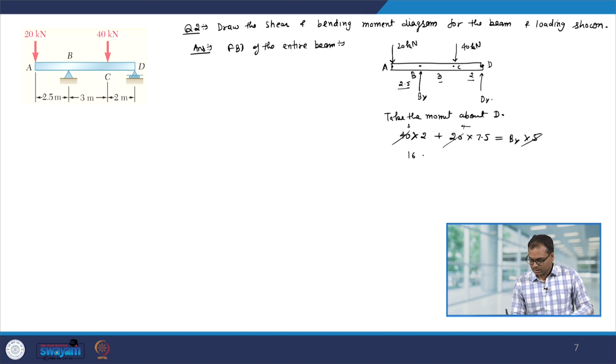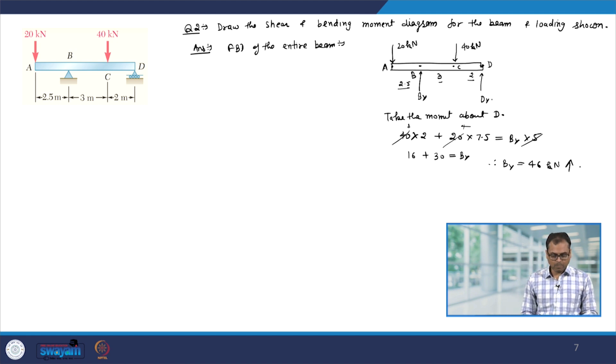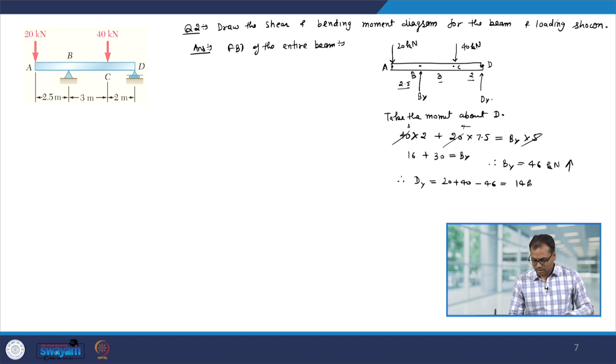So, we get 16 plus 30 equal to By. Therefore, By is 46 kilonewton and its direction is upward. Therefore, we can calculate from the force balance equation Dy equal to 20 plus 40 minus 46 equal to 14 kilonewton, and this is also acting upward.